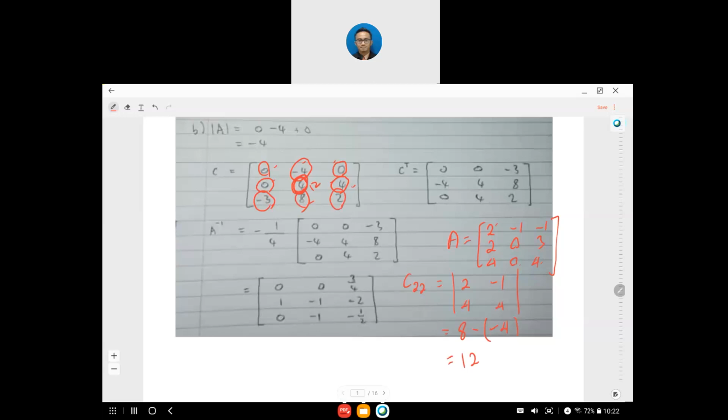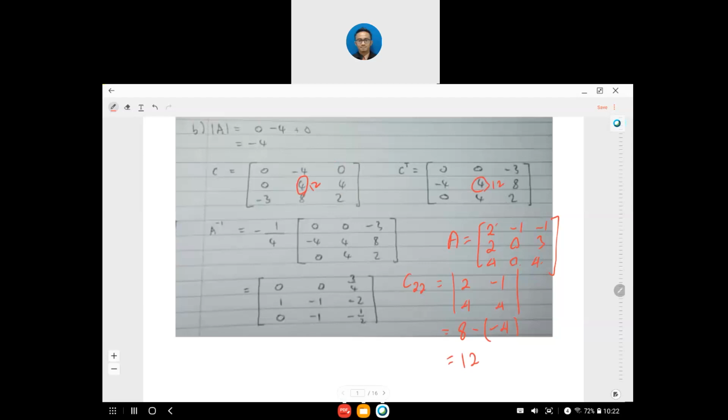Okay, one more value only. Okay, this one should be, supposedly this one is 12. So when you transpose, this one is 12, not 4.